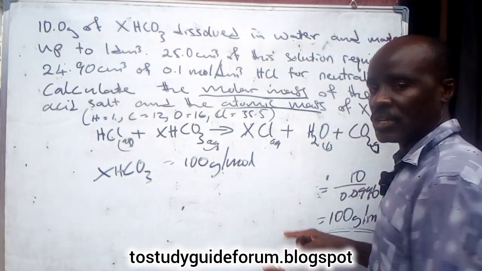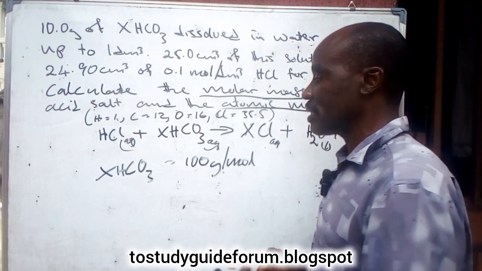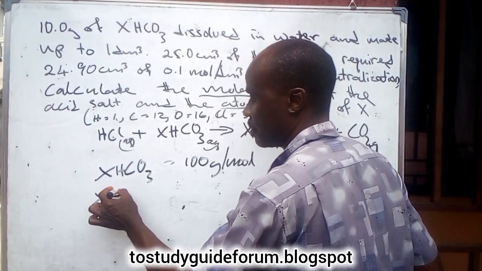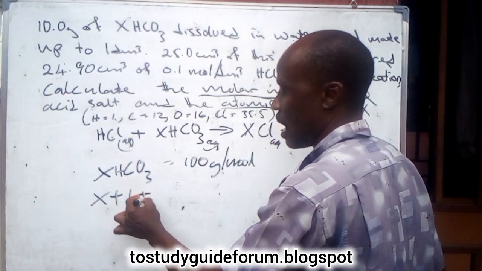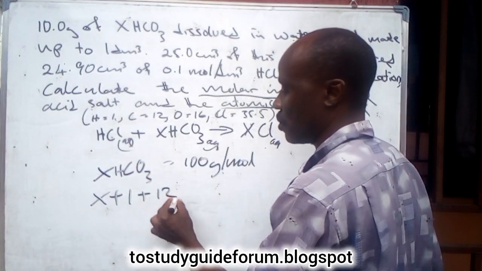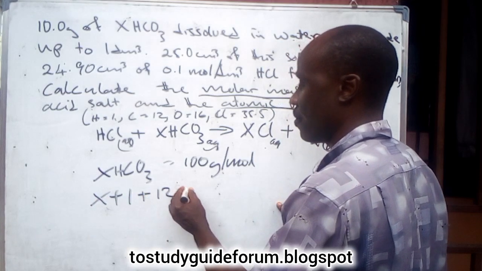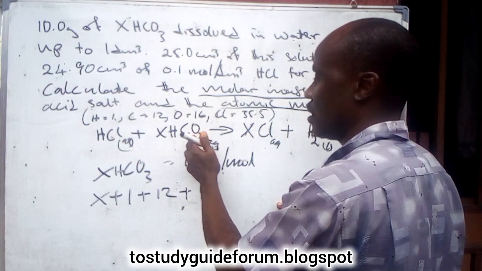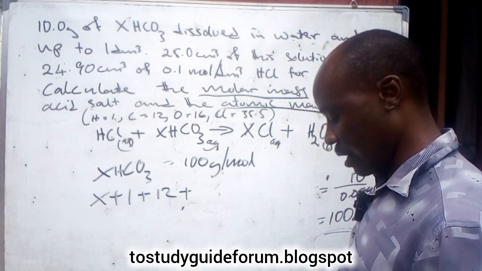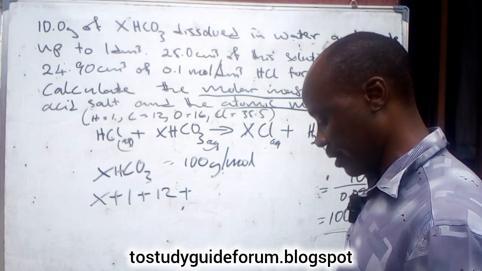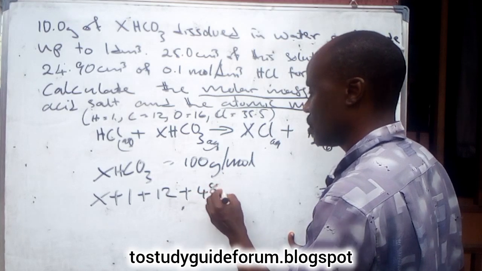If you add up everything we have here, we will get 100 grams. So, X plus hydrogen, which is 1, carbon, which is 12, and oxygen, 3 oxygen there, that means 16 times 3, which is 48.